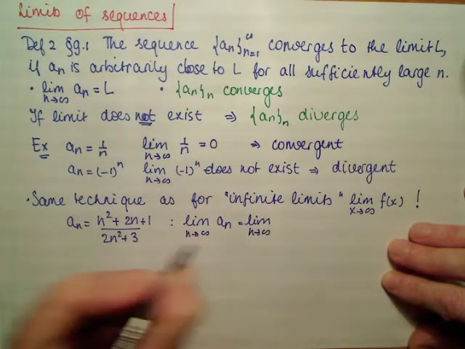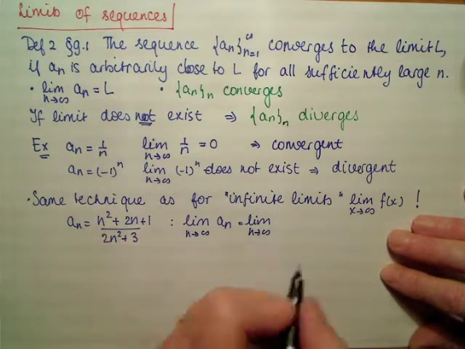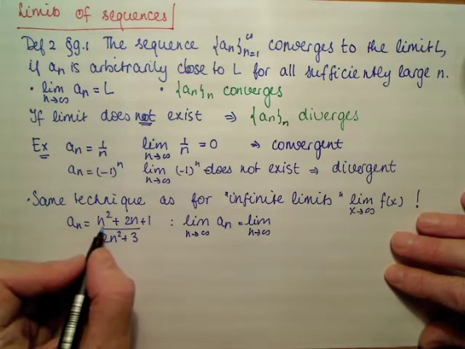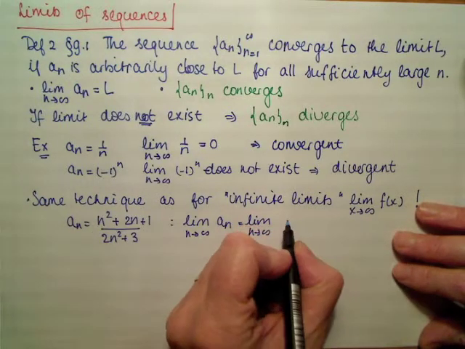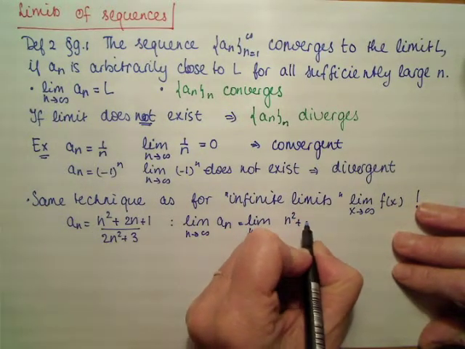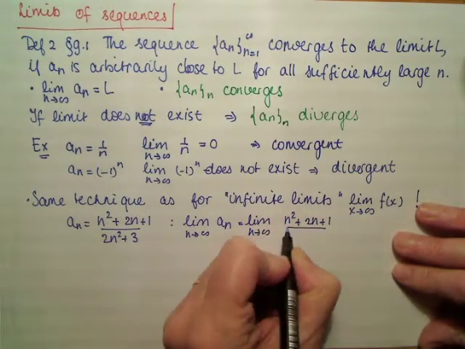Then, as we did with functions, we divide by the highest power. And the highest power occurring in this fraction is n squared, so we divide everything by n squared, and what we get in that case is the following.